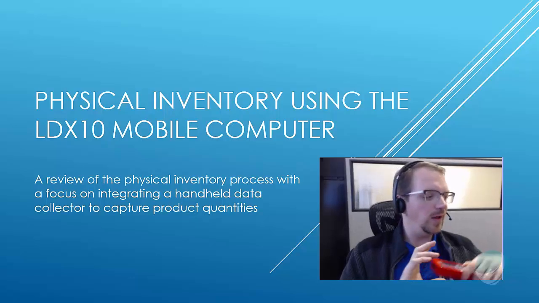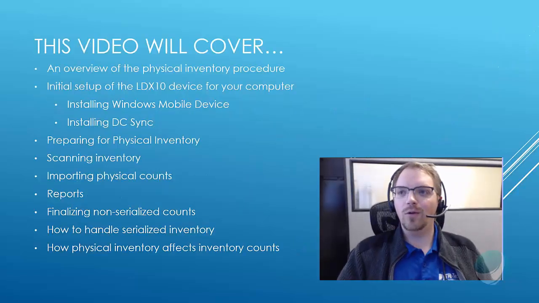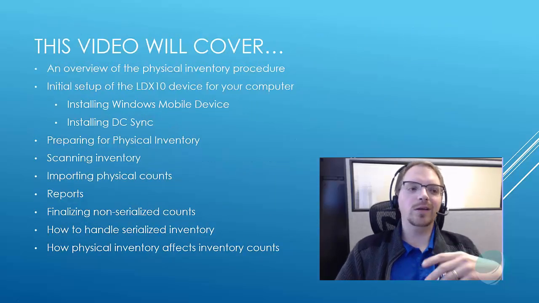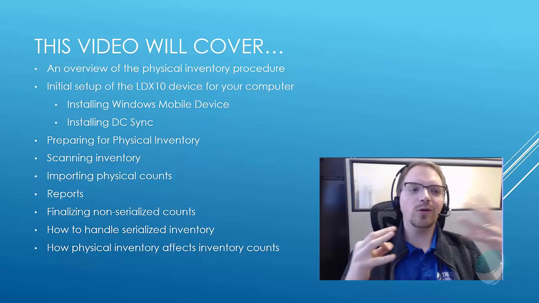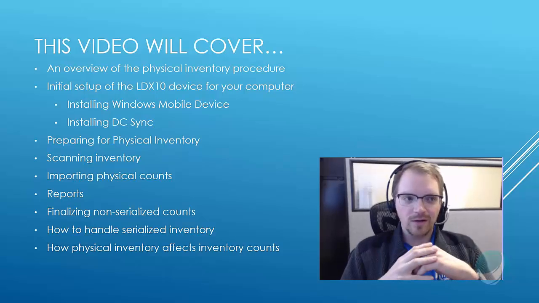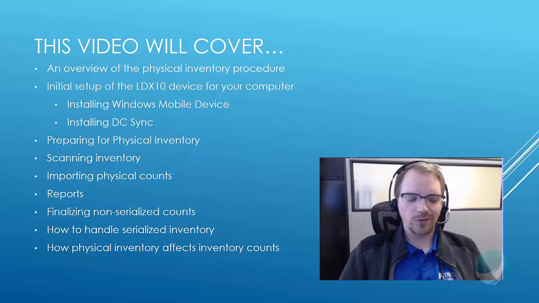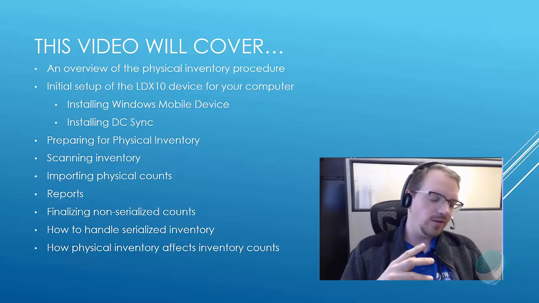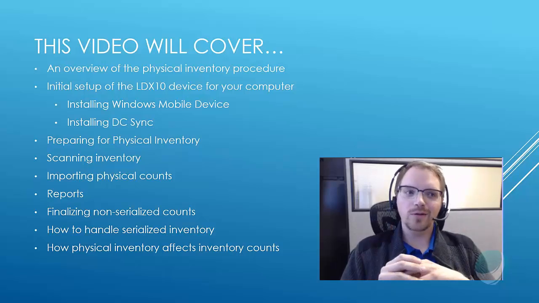So let's go ahead and actually once again take a quick look at what we're going to be covering here. We're going to be going over a quick overview, as I mentioned, of the physical inventory procedure. We're also going to then dive into how this data collector gets set up on your computer.